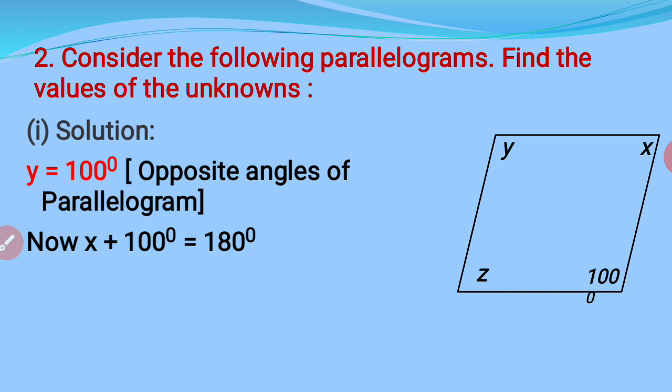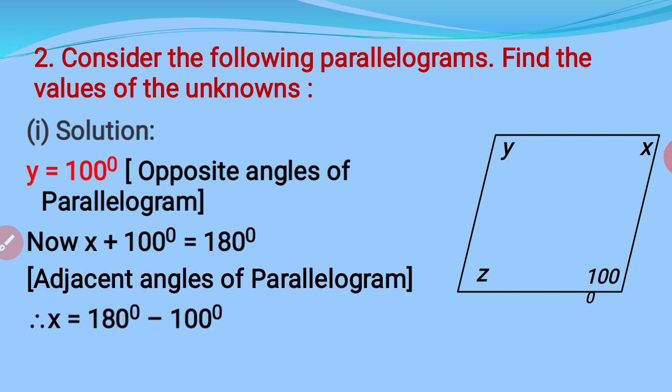The next step goes as x plus 100 degrees is equal to 180. Now, if we look into the parallelogram, you will see that x plus 100, they form the adjacent angles of a parallelogram. And we all know that the adjacent angles of a parallelogram add up to 180. That is, they are supplementary.